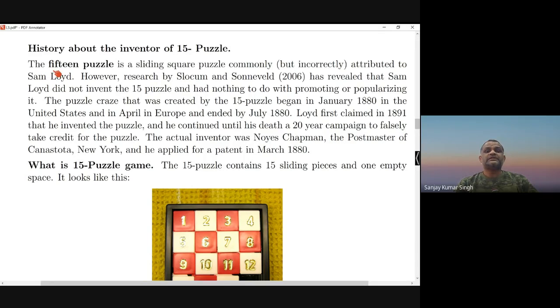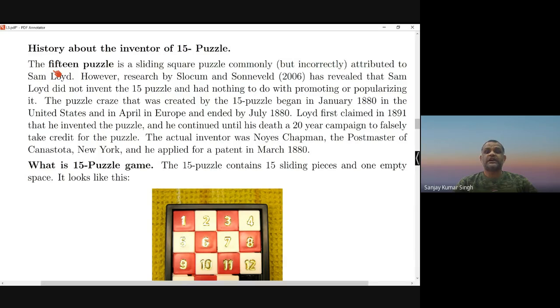The 15 puzzle is a sliding square puzzle commonly attributed to Sam Lloyd. However, research by Slocum and Sonneville in 2006 has revealed that Sam Lloyd did not invent the 15 puzzle and had nothing to do with promoting or popularizing it.